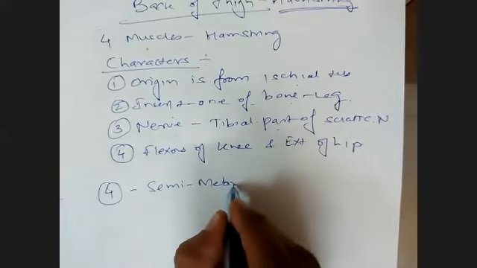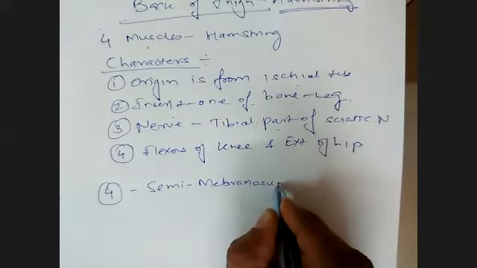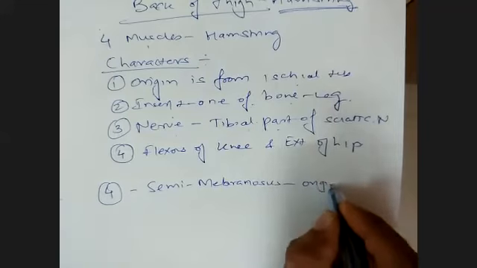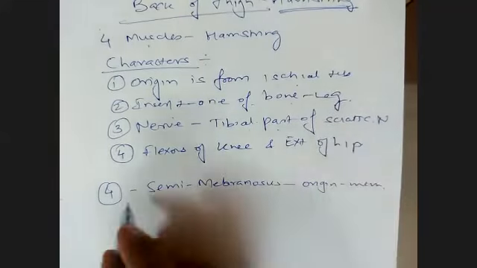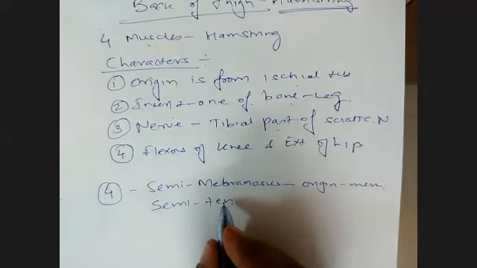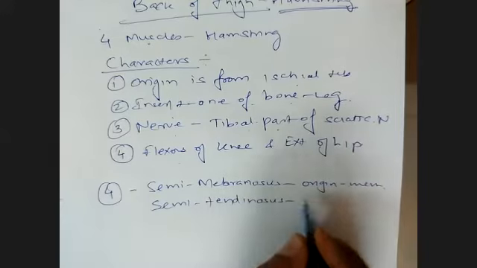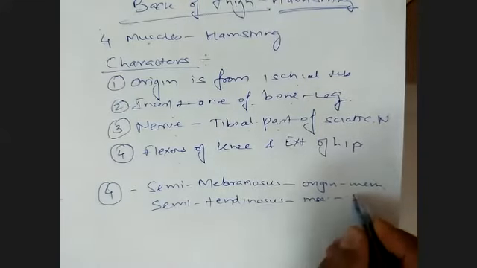These four muscles are semimembranosus, because the origin is membranous. Semitendinosus, because the insertion is via a long tendon.